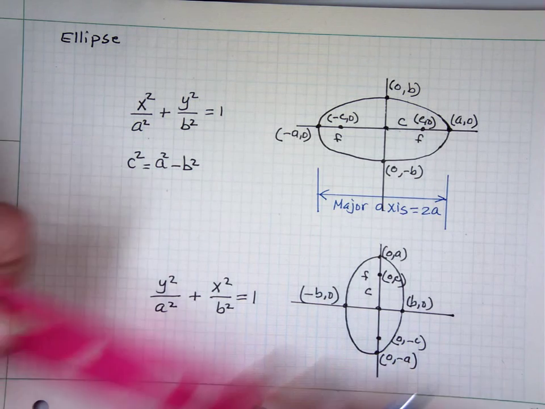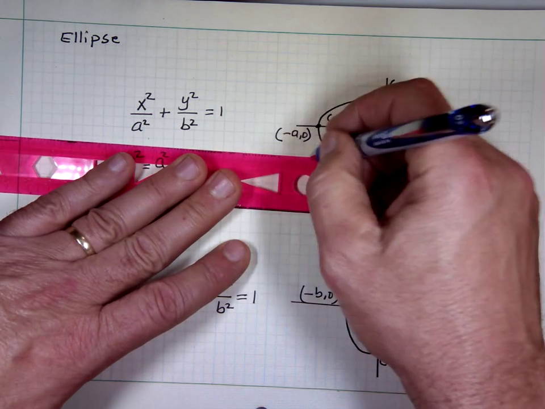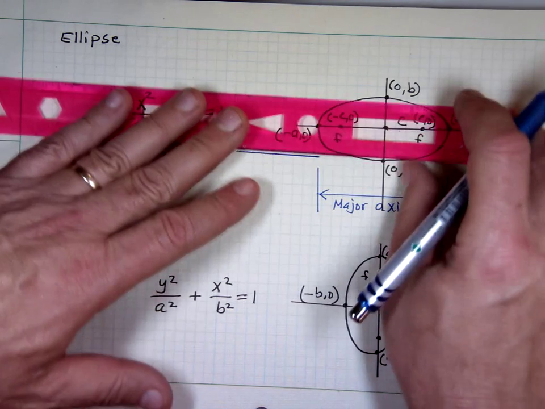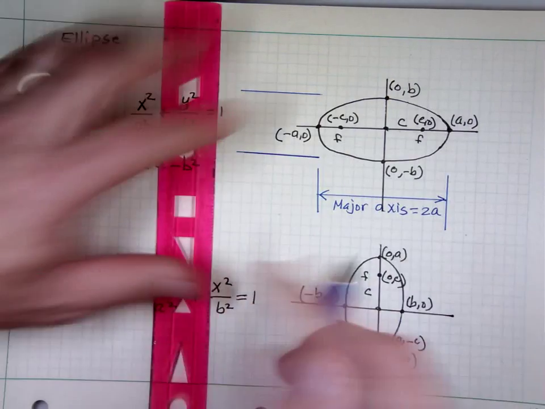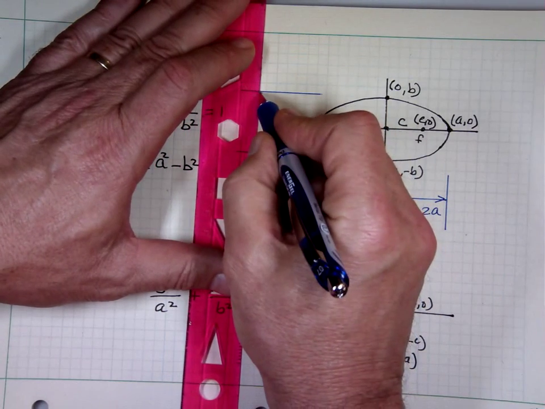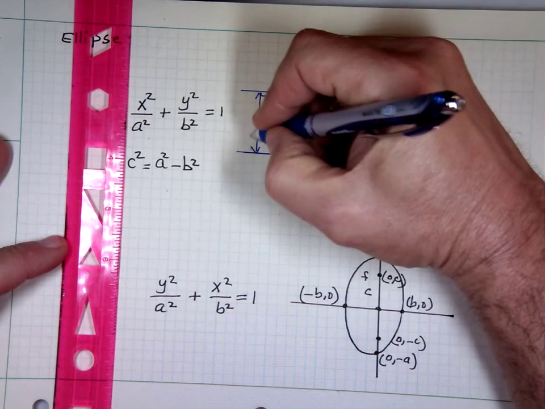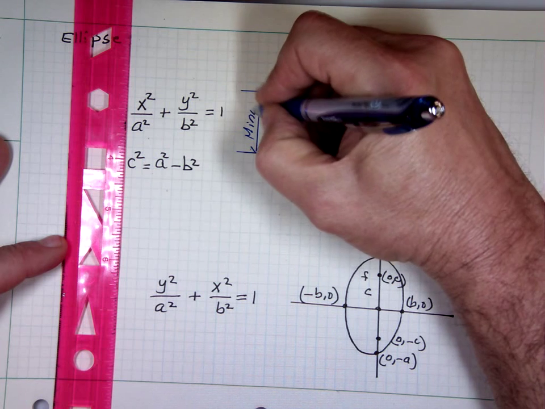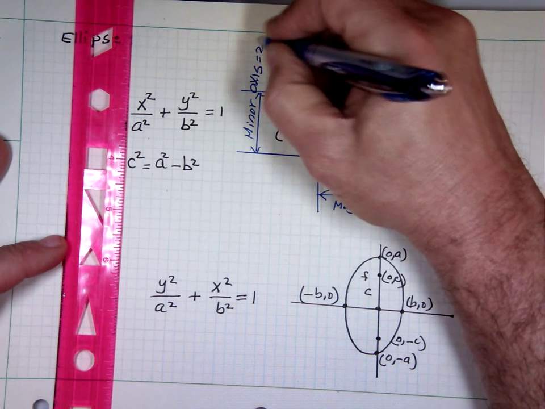This distance up and down here, it's called the minor axis. That distance up and down, the shortest side, is always called the minor axis. And that's equal to twice b.